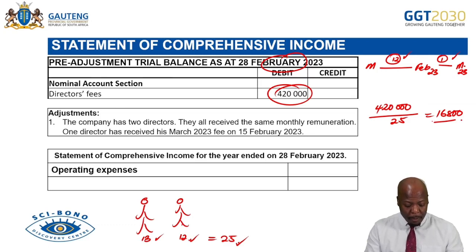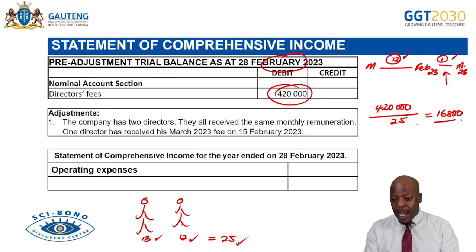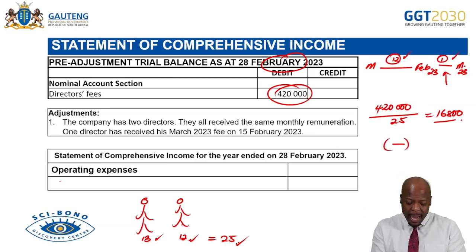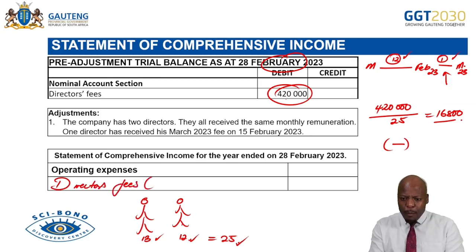So what is our problem? Remember, we have paid for one of the directors in advance. That becomes a prepaid expense. And prepaid expenses, we subtract. So I'm going to come here and I'll now say, director's fees. How much do I have here in the list of balances? 420,000.